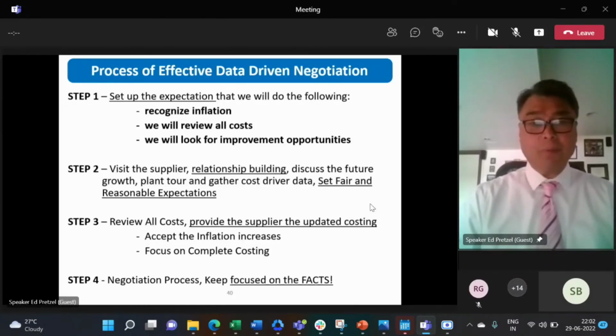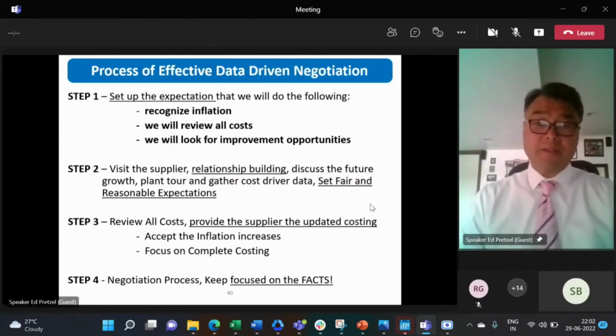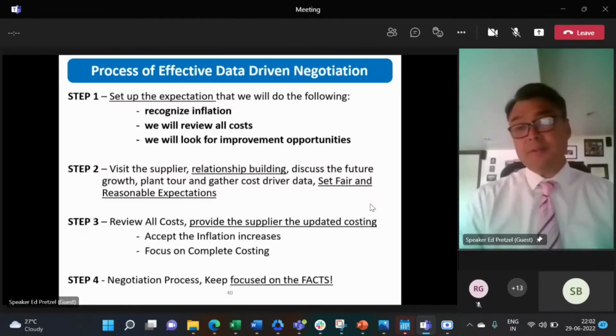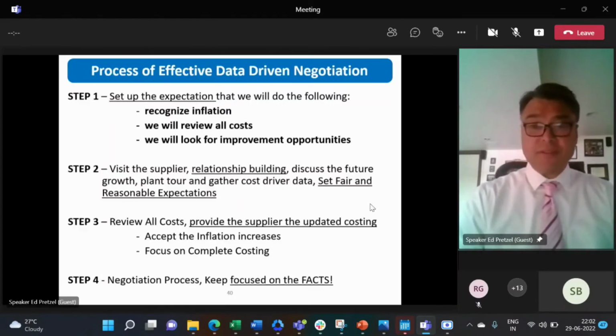So step one is we do need to set the expectation that we are going to support the supplier's request to increase costs because of inflation. We have to. If you don't, then the relationship will be damaged, and eventually the supplier will probably stop shipping. But we do want to set the expectation that we will review all costs.